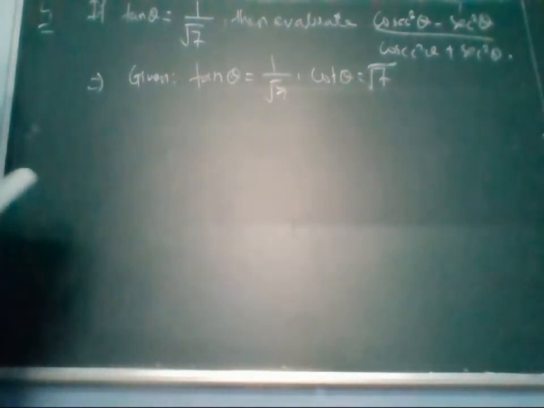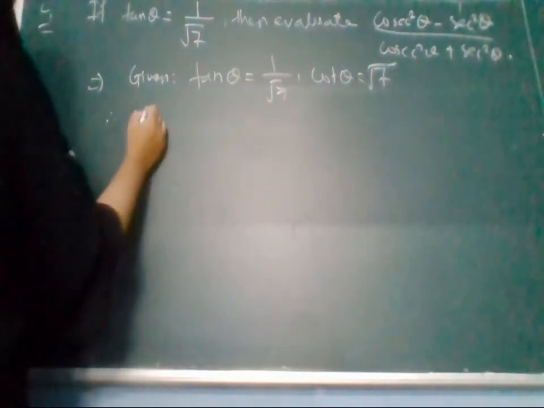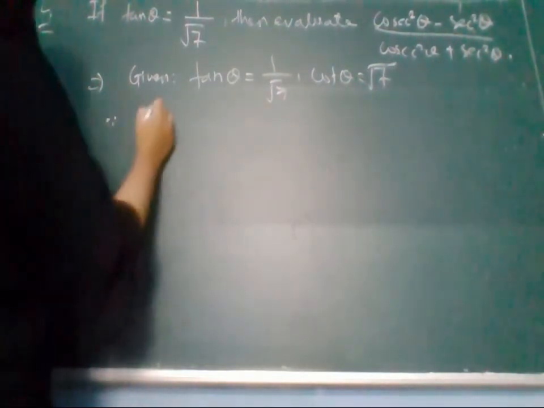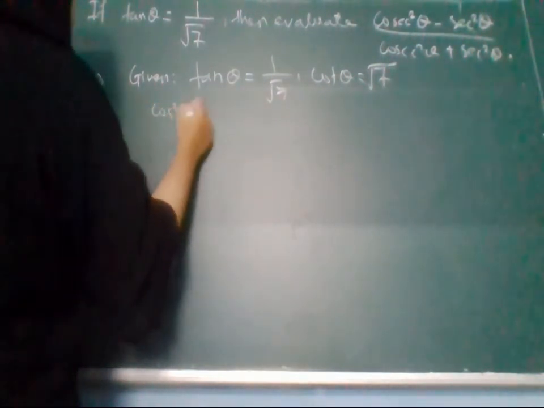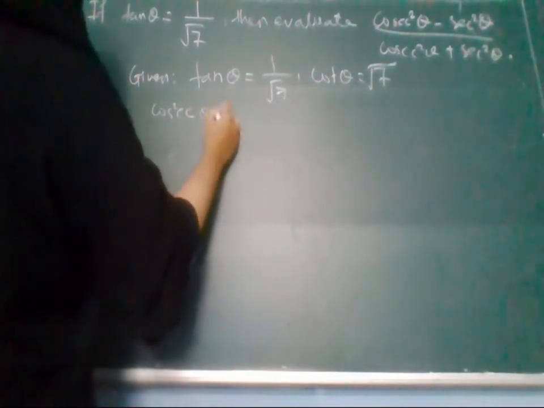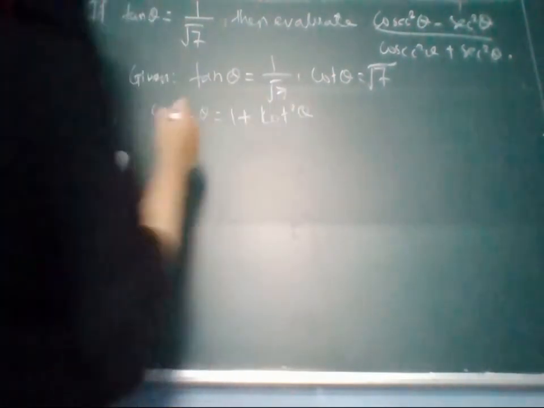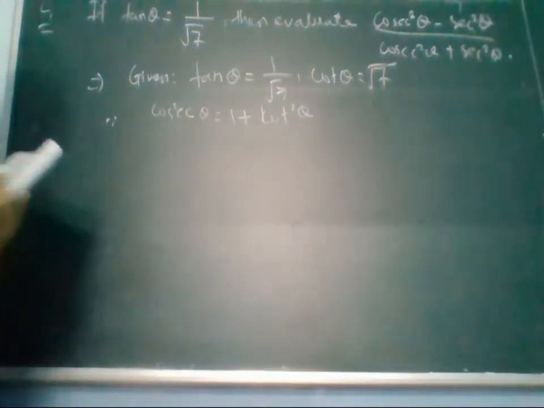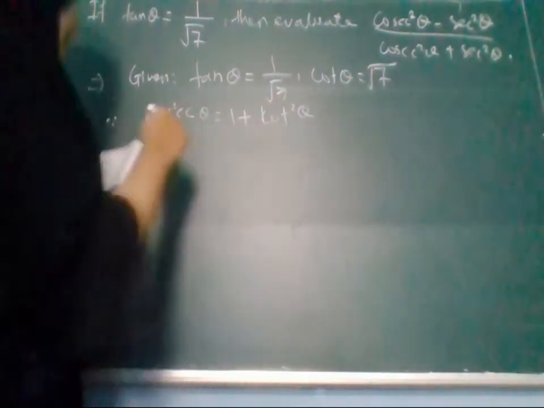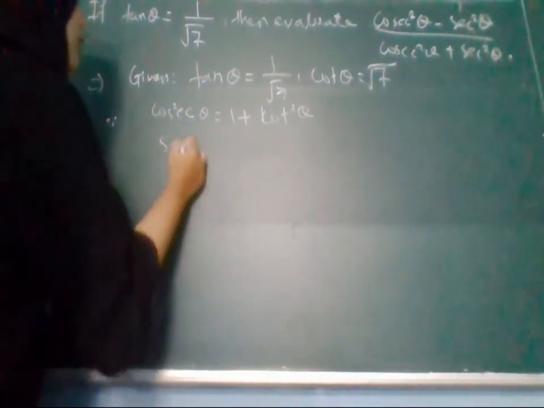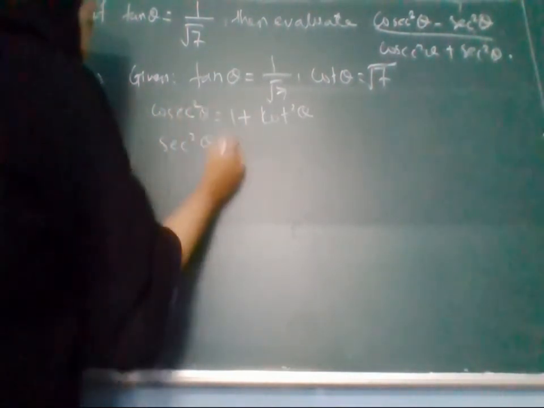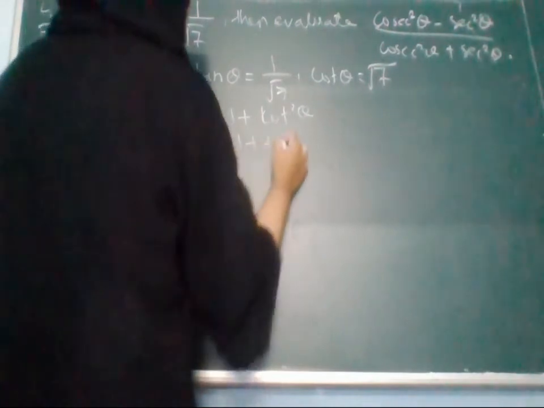Now we know that cosec square theta is equal to 1 plus cot square theta, right? In the previous lecture we have seen this identity also. And sec square theta is equal to 1 plus tan square theta, right?